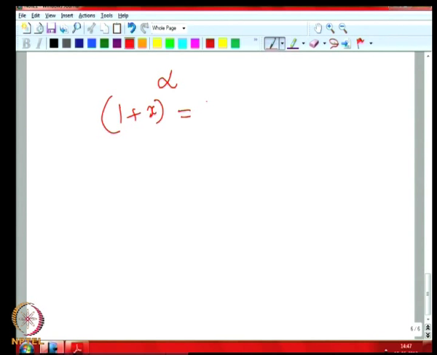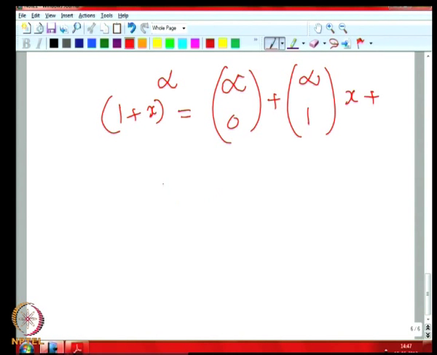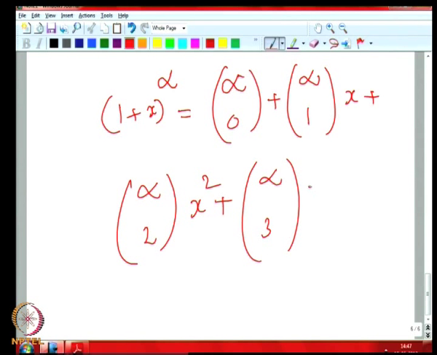We have already seen this in some earlier class, that this is alpha choose 0 plus alpha choose 1 x plus alpha choose 2 x square plus alpha choose 3 x cube plus so on. Here alpha is any real number or even complex number, right?